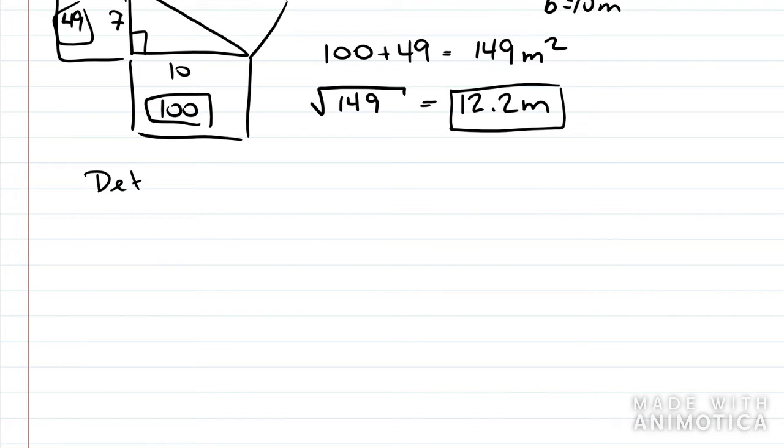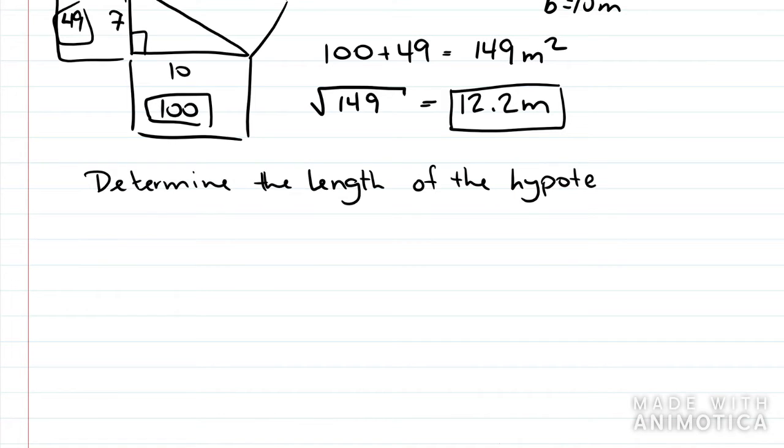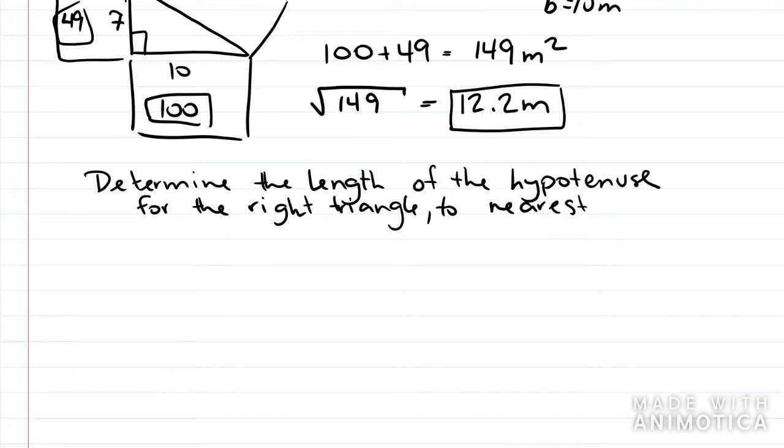So determine the length of the hypotenuse for the right triangle to the nearest centimeter.